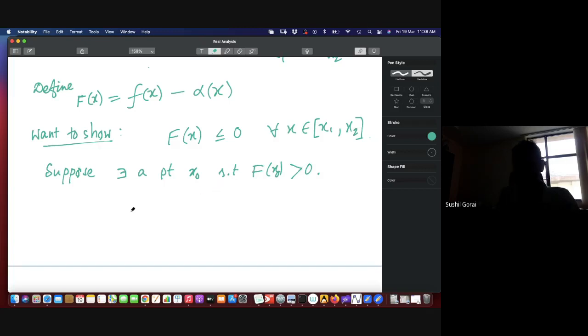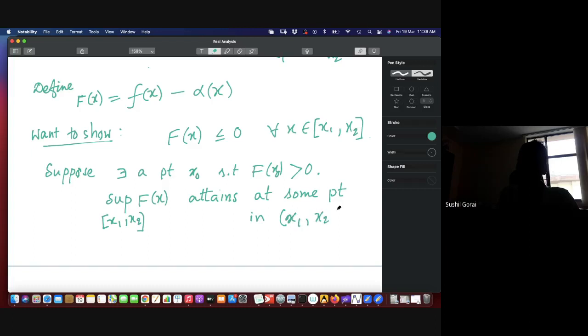Now if you look at the supremum of F x on x1, x2, it attains at some point in the open interval x1, x2, because we know F of x1.